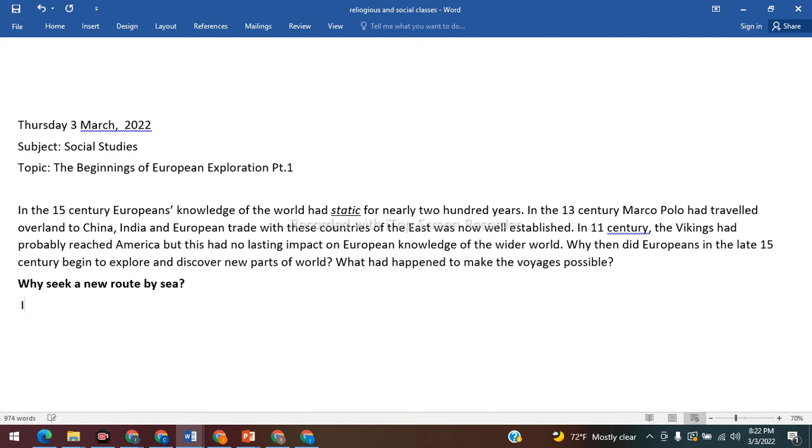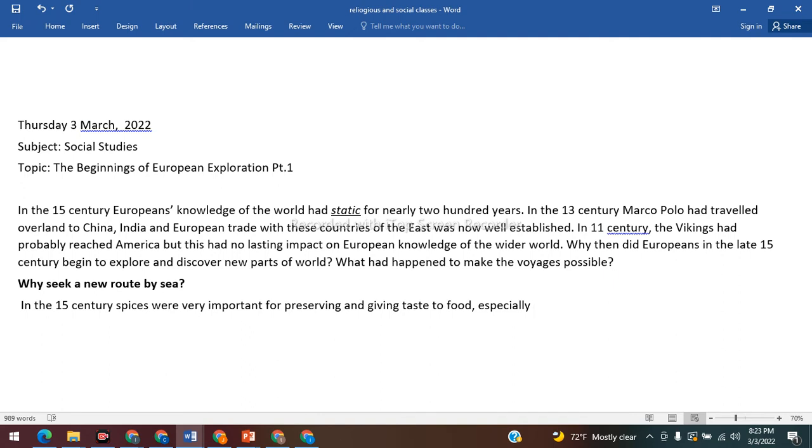And so it says here, in the 15th century, spices were very important for preserving and giving taste to food, especially meat.